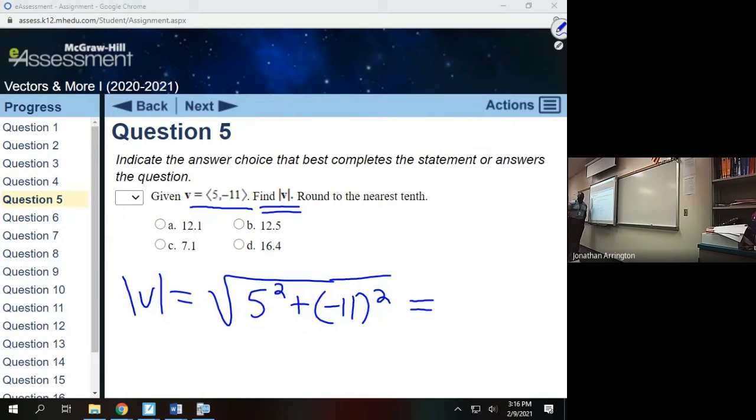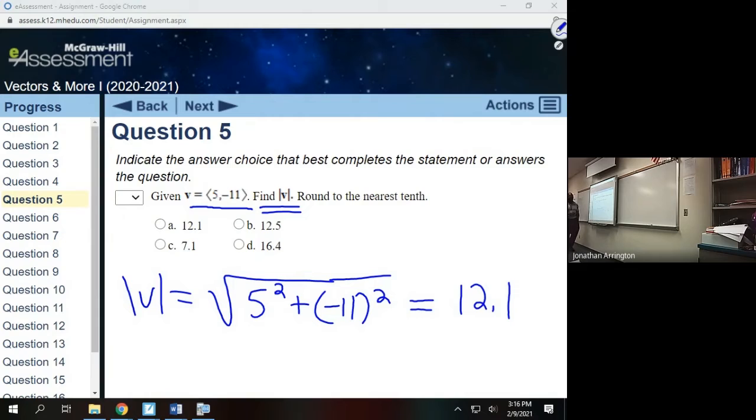Now this isn't that bad of a number because this is 25 plus 121, which is 146. And the square root of 146 is going to be a little more than the square root of 144, so it's going to be like 12.1. But in many cases, you would have to find this answer in the calculator. Here, it was just an easy number.